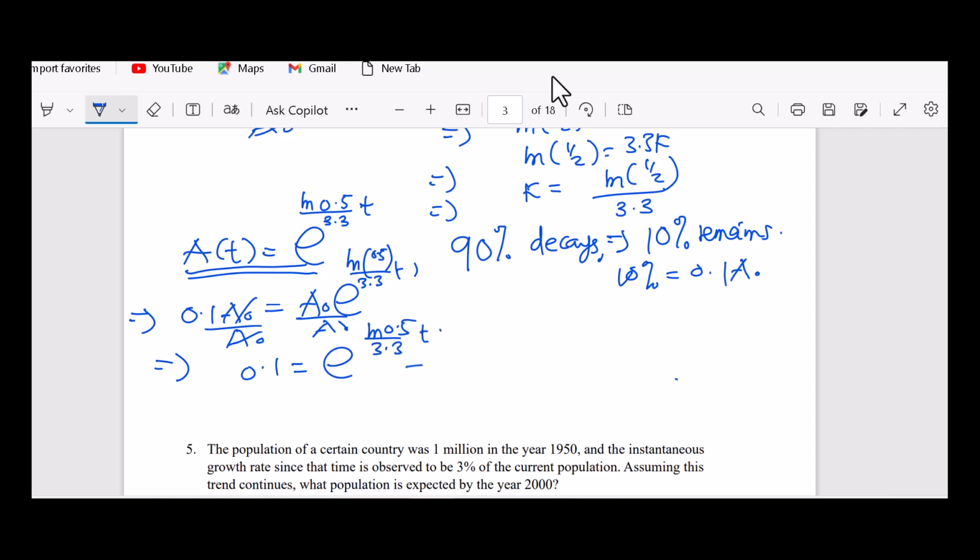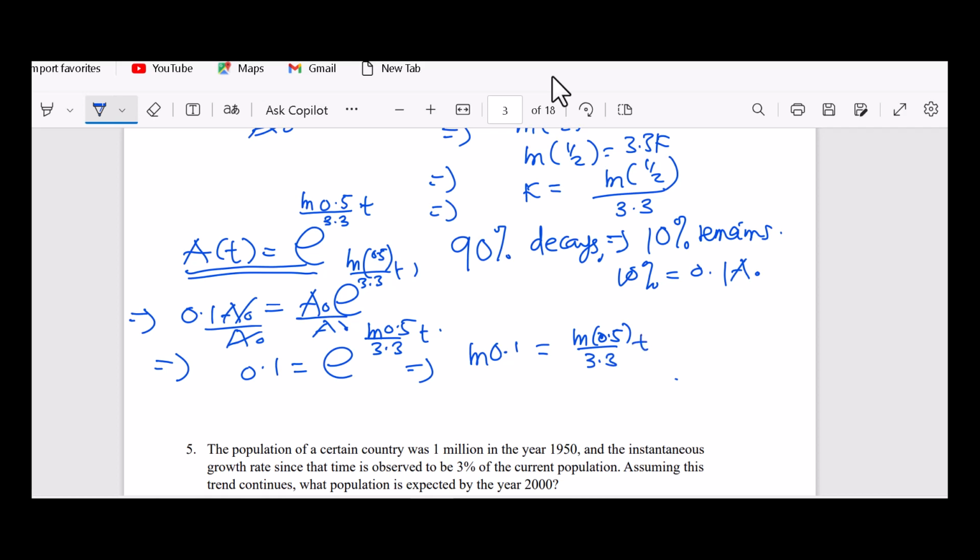So you take ln of both sides: ln of 0.1 equals, if we take ln of this, ln 0.5 over 3.3 times t.